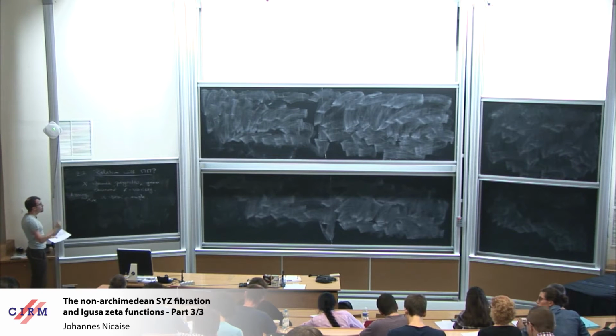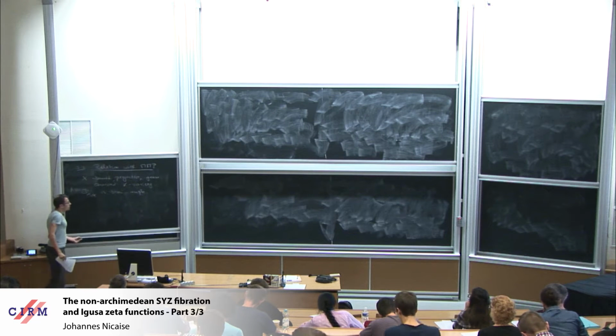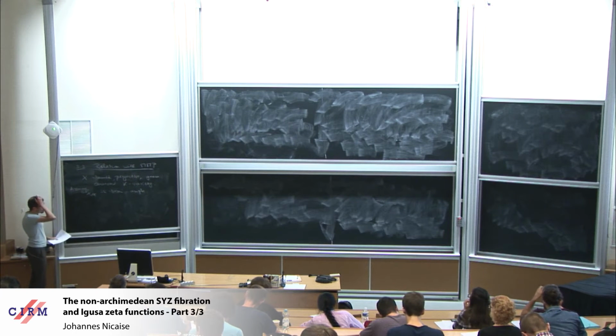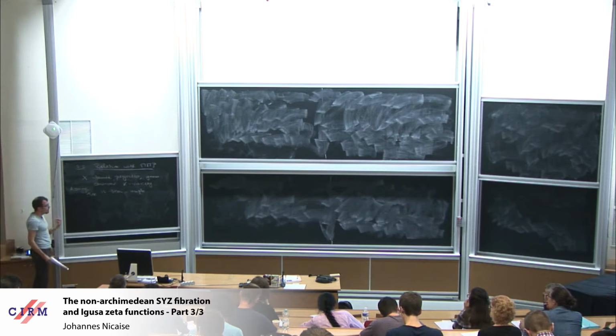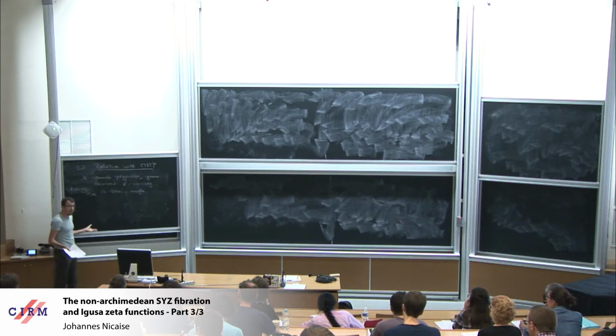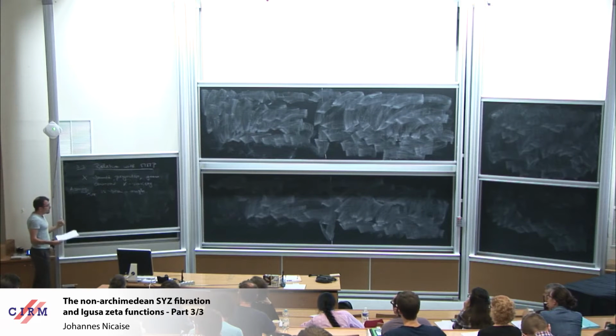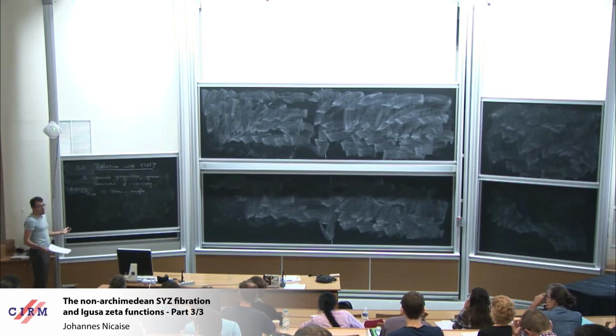So some tensor power is generated by global sections. And so the results we proved last time already are a big step towards understanding this essential skeleton, because at least it tells us that whenever we pick any DLT model we like, the essential skeleton will always be a union of faces of its Berkovich skeleton, of its dual intersection complex.